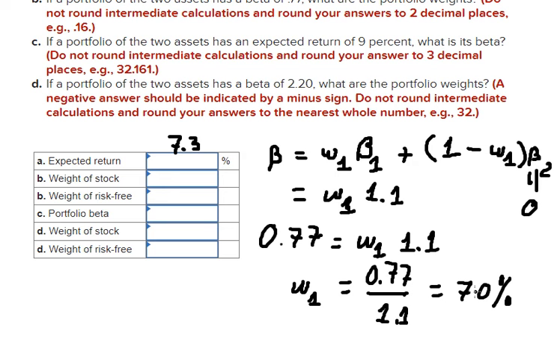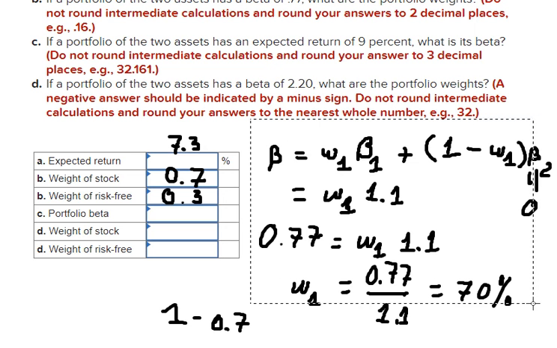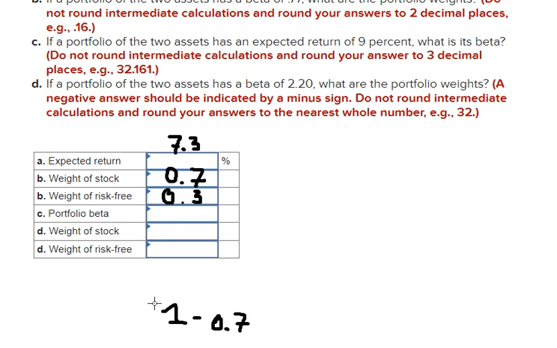If you want to find the weight of the risk-free asset, we use 1 minus 0.7, and we have 0.3. That is the answer for question B.